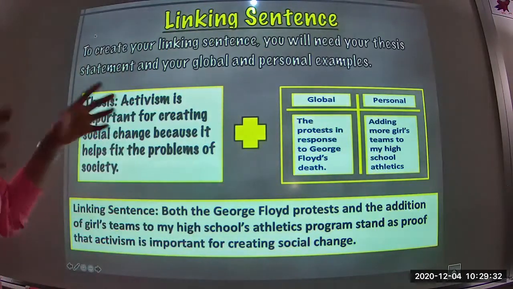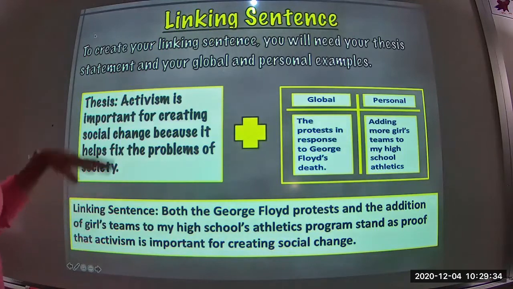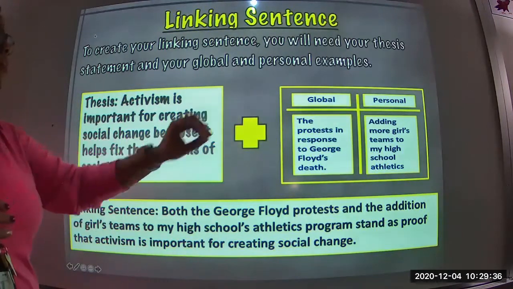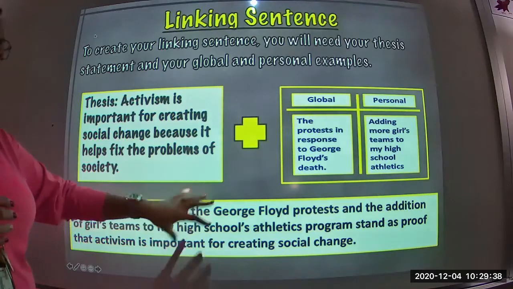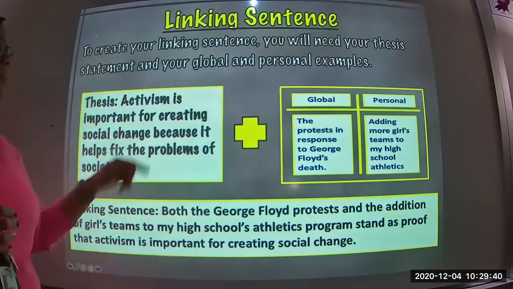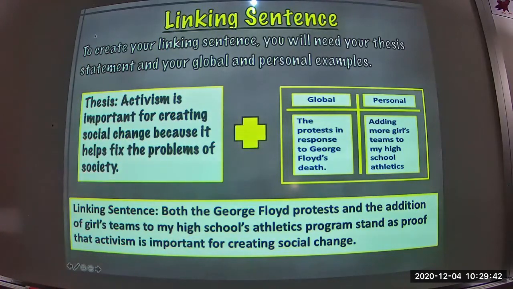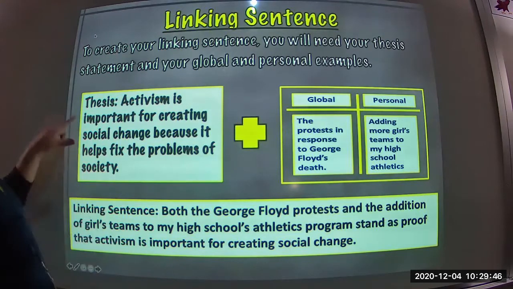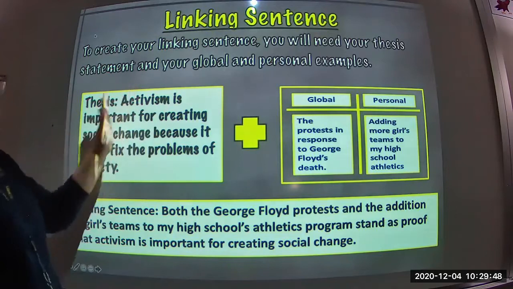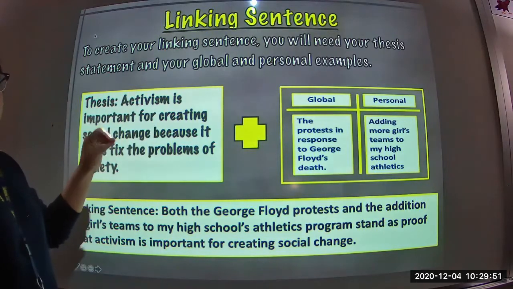Okay, so it links both your examples, the evidence that you use, to that thesis statement. And what you're going to do is this last part is basically the first part of your thesis. Work smarter, not harder.